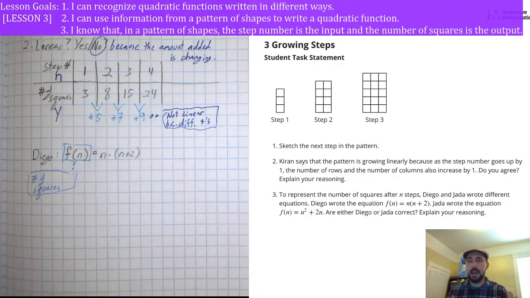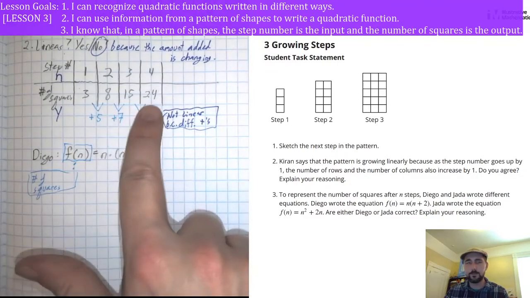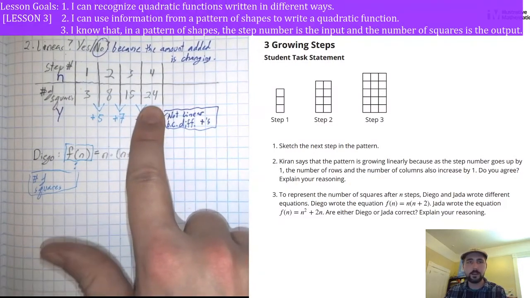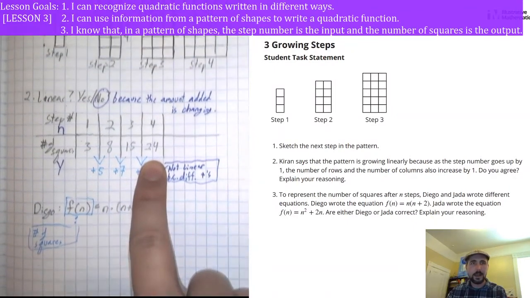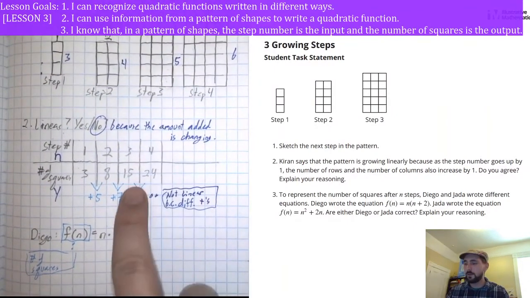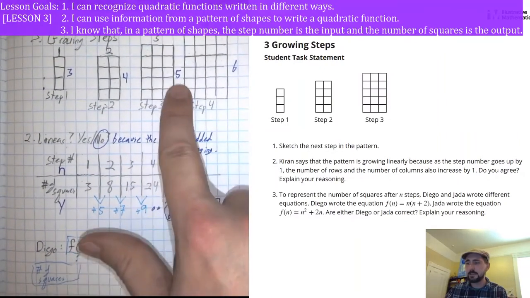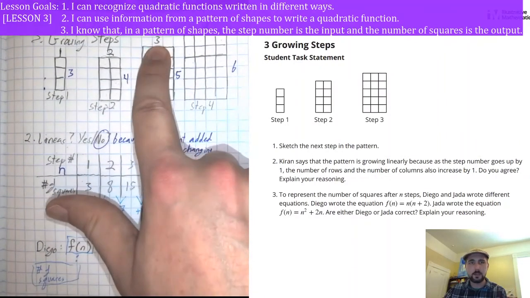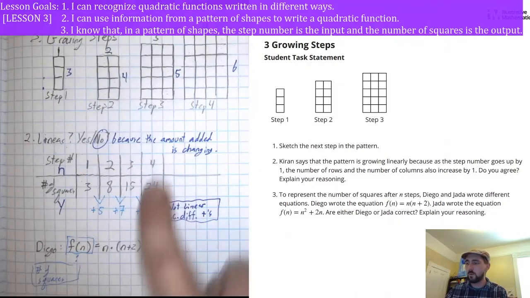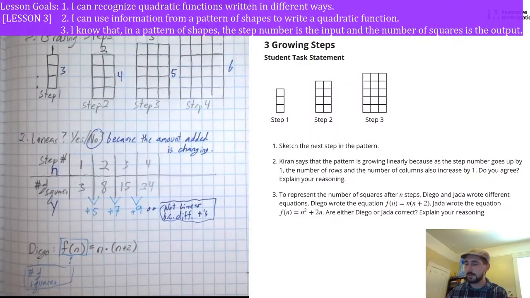What does n times n plus 2 mean? Well, it's multiplication. So think about everything we've looked at today. Think about how we figured out where this 24 came from, how we figured out the 15. Do you remember this? How we said 15 was like 5 times 3, or that the 24 was 4 times 6.